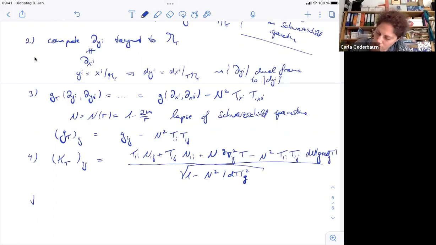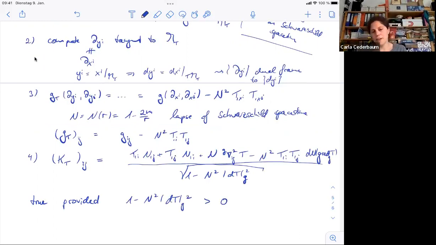And all this is true, provided 1 minus n squared |dt|^2 is positive. That's the condition on the graph function I was mentioning.